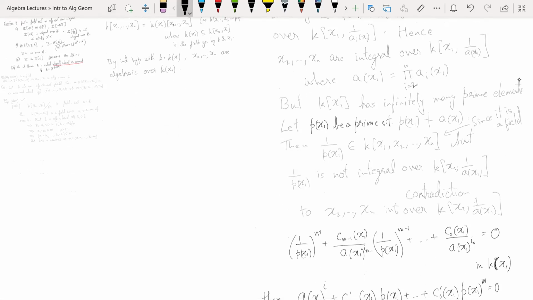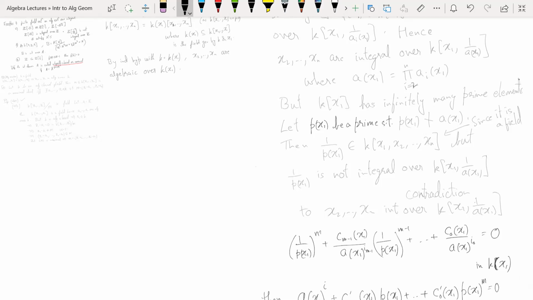Then 1 over px1 satisfies some monic polynomial, where the coefficients are elements of this ring k[x1] adjoin 1 over ax1. And how do elements of this ring look like? Some polynomial over ax1 to some power. So this is essentially localizing the polynomial ring k[x1] at ax1. So it looks like this.